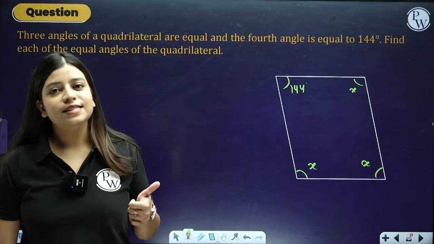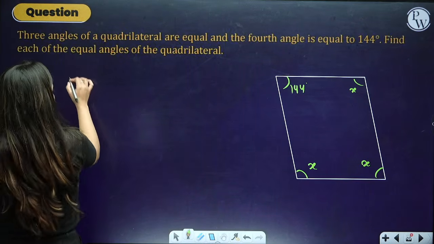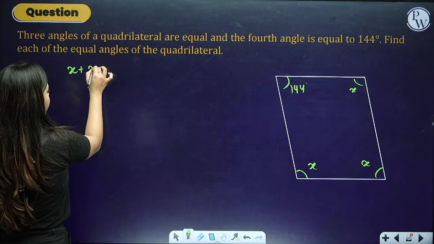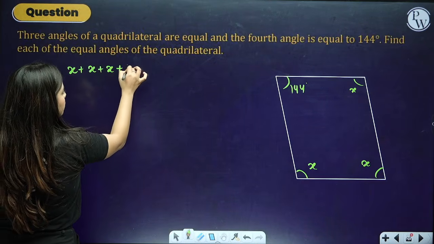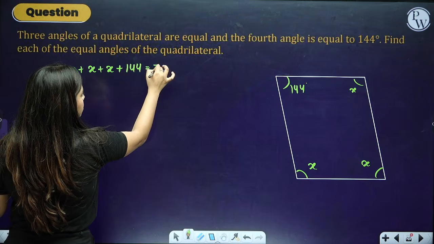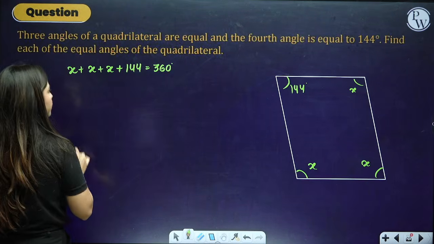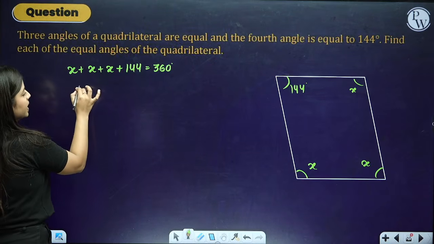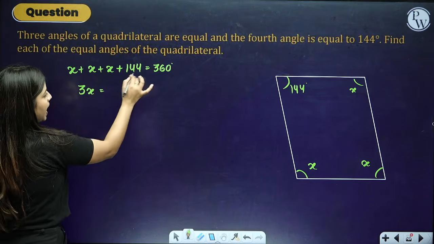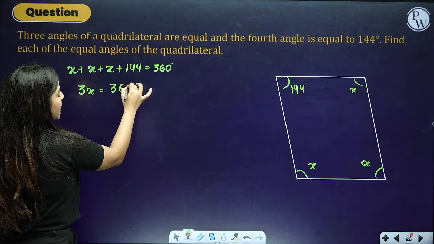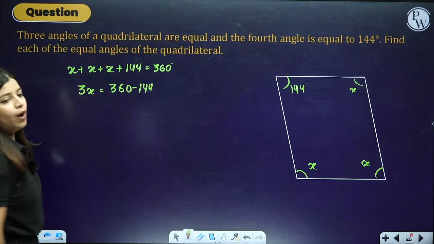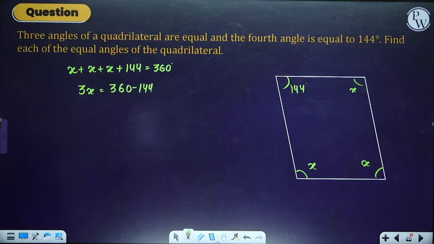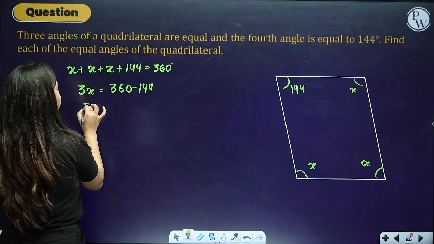We know the angle sum property. We know that the sum of all the angles of a quadrilateral is 360 degrees. So x plus x plus x is 3x, and 144 will go over there as 360 minus 144 degrees. Now we have this. So we have 3x equals 216 degrees.